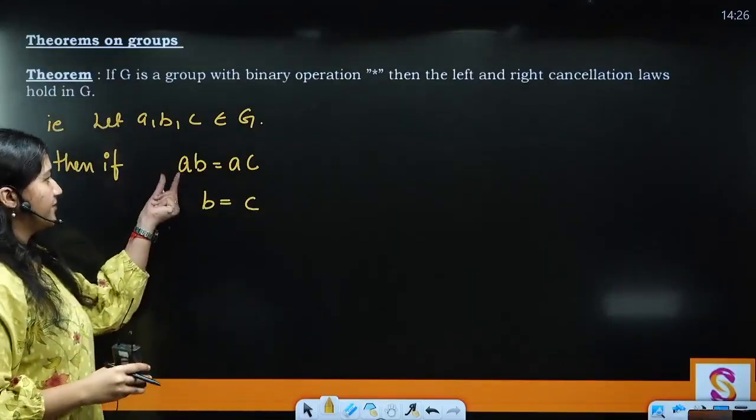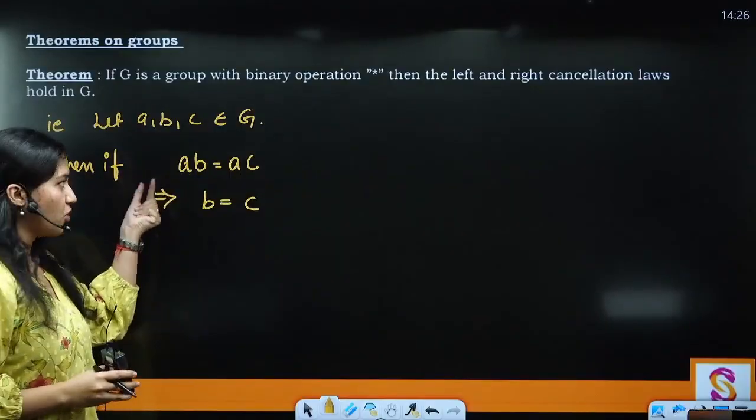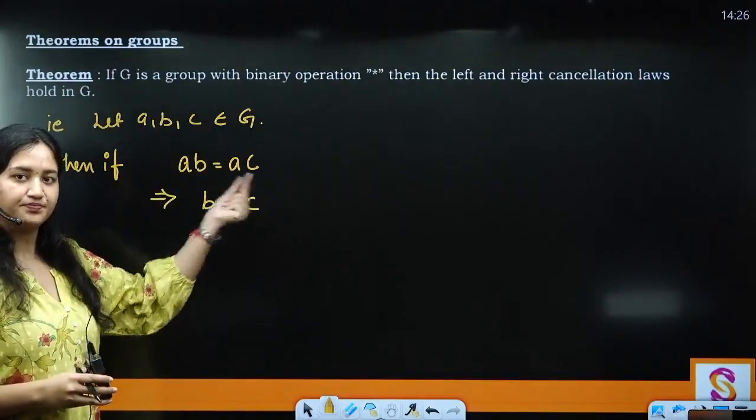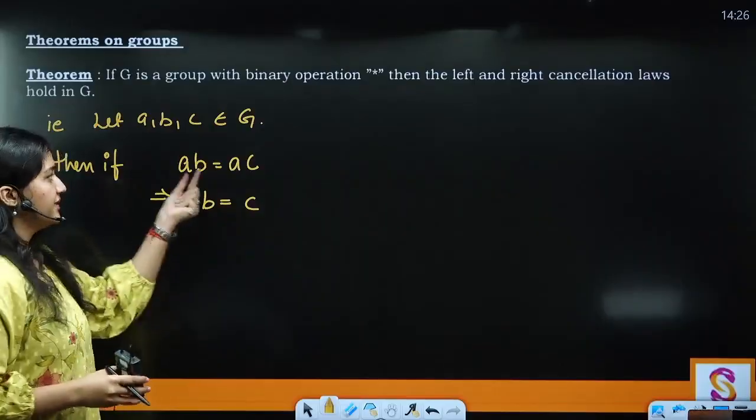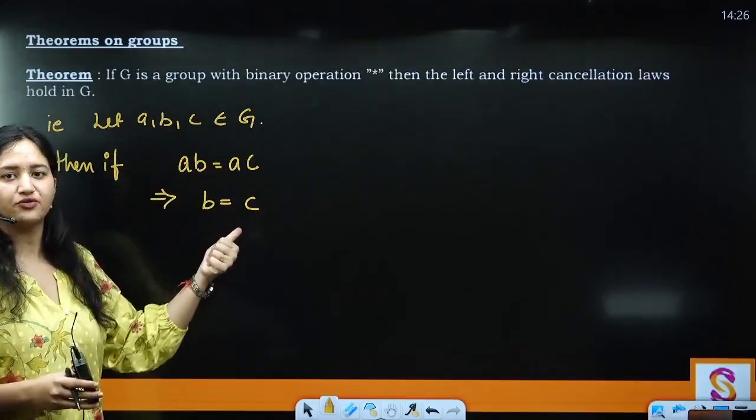That means if I am operating by the same element from the left side on both the sides, the left hand side and the right hand side, I can cancel the same value from both the sides.